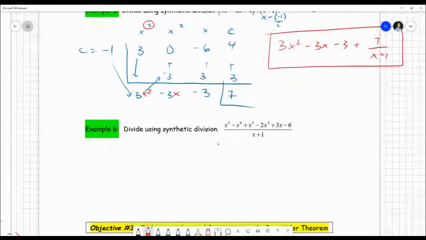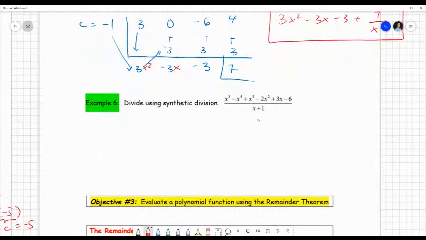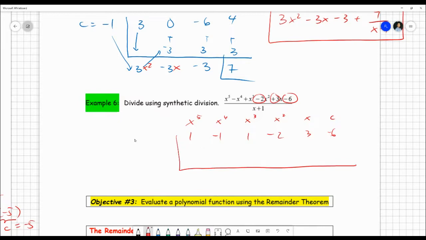Okay. All right, so this looks pretty long. And I would hate to do this using long division. So good thing we have synthetic division. So 1, negative 1, 1, negative 2, 3, and negative 6. So make sure you get the signs in front of the numbers to go with it. All right, my c here is negative 1.